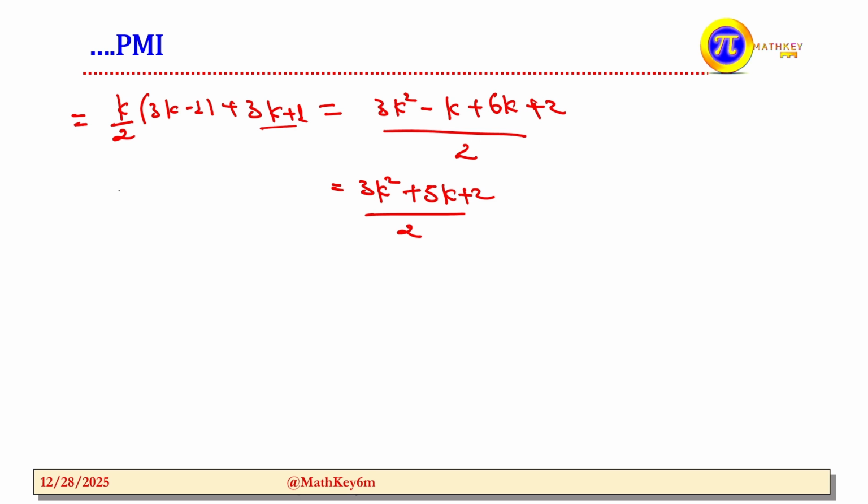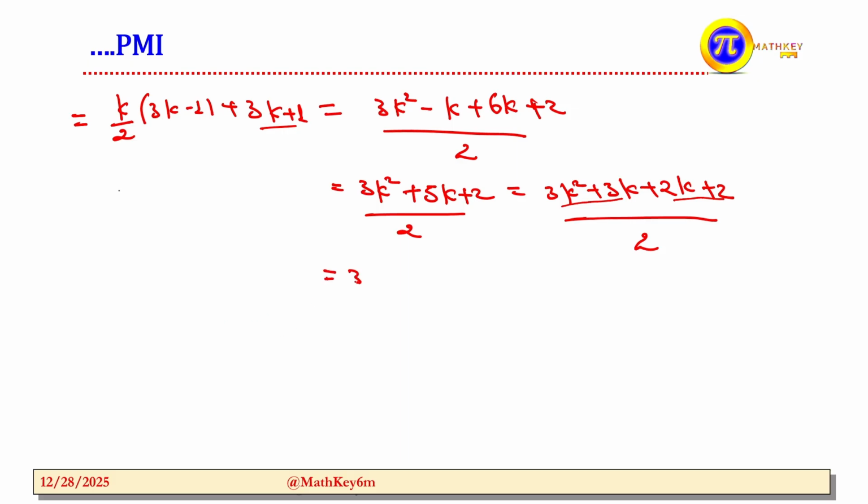So for 3k square plus 5k plus 2, we look for numbers that add to 5 and multiply to 6; those numbers are 2 and 3. Which equals 3k square plus 3k plus 2k plus 2, divided by 2. From the first two terms, 3k is common; from the last two terms, 2 is common.